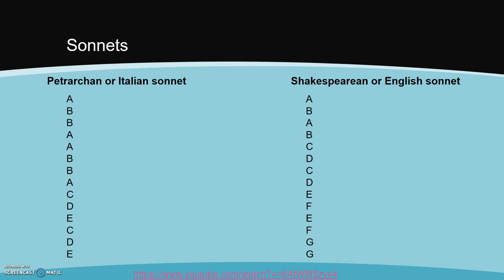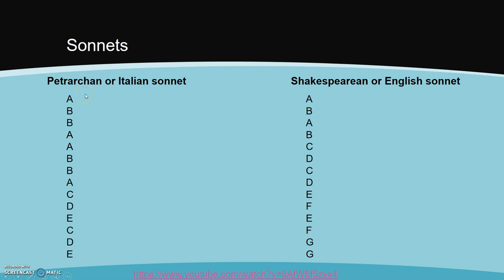There are two different kinds of sonnets, the Petrarchan or Italian sonnet and the Shakespearean or English sonnet. When it comes to the difference between the Italian and the English sonnet, it is the rhyme scheme, meaning the end rhyme. As you can see, there are 14 lines, first line rhyming on the fourth line in the Italian sonnet.